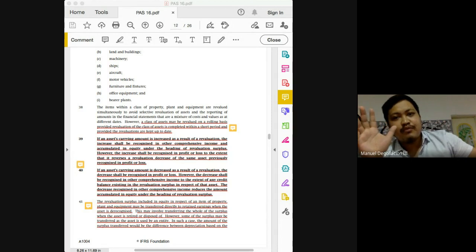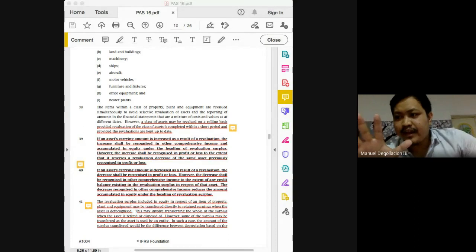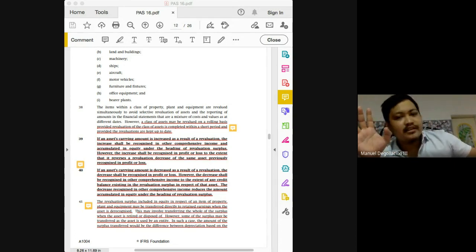So the 500 would be reported in two ways. The first 300 as a gain on reversal to recover the previously reported impairment loss, class. The extra 200,000 can now be recognized as revaluation surplus because the amount of increase now has exceeded the previously recognized impairment loss.